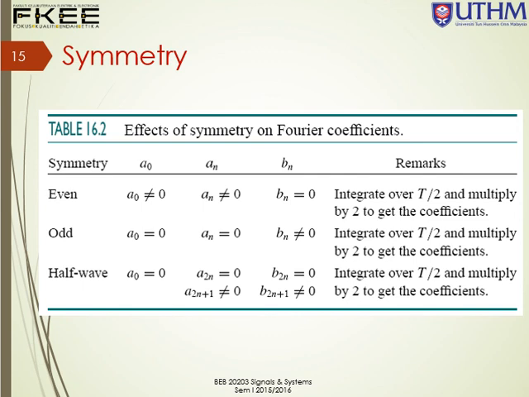So you must look into your periodic signal in terms of symmetric characteristic, whether it falls into even, odd, or half wave symmetric, and then you can simplify the calculation to find the Fourier series coefficients based on this table. Your calculation will be simpler, and you can get the answer much faster.